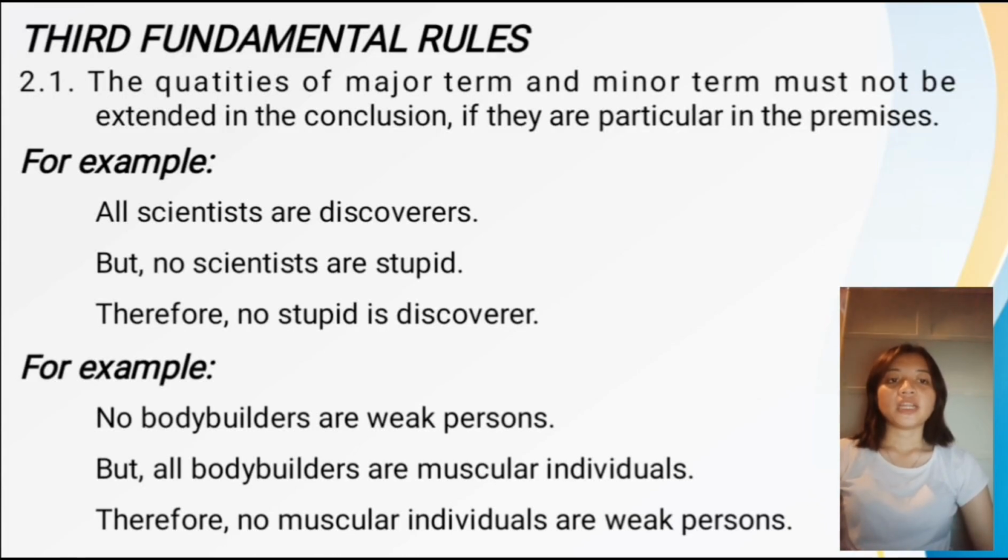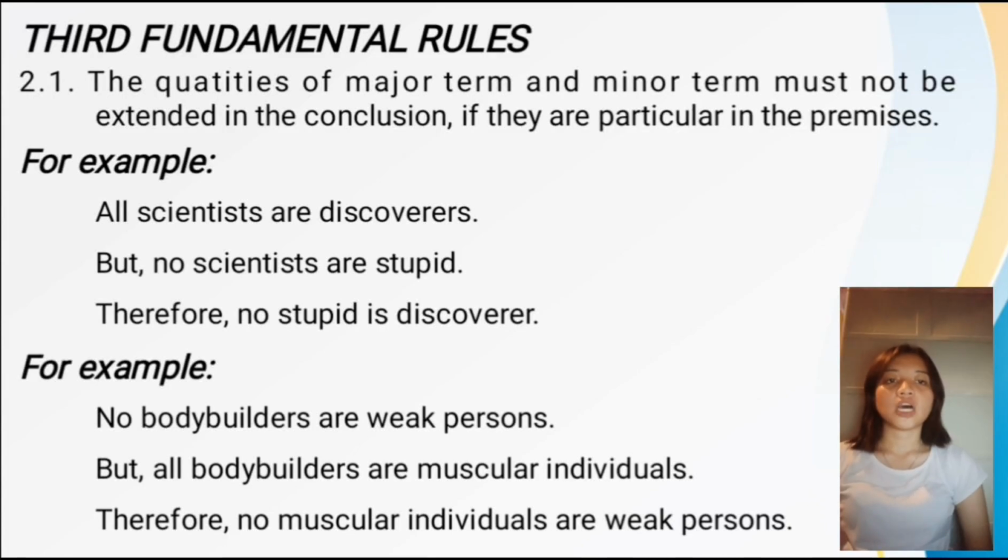So, the fallacy of illicit process of the major term occurs when the predicate term is universal in the conclusion.